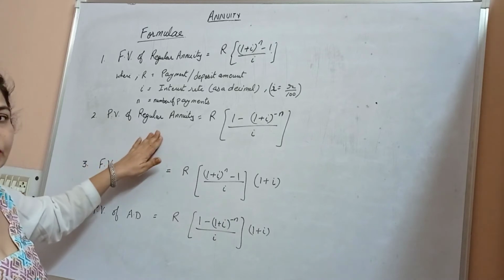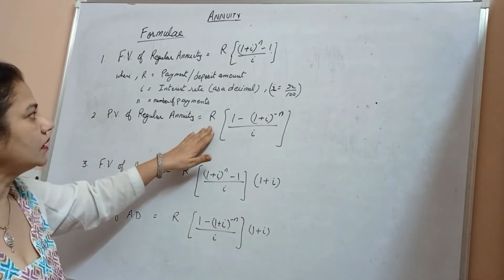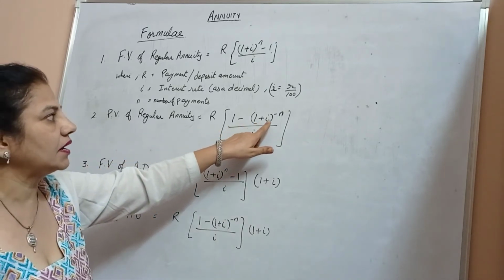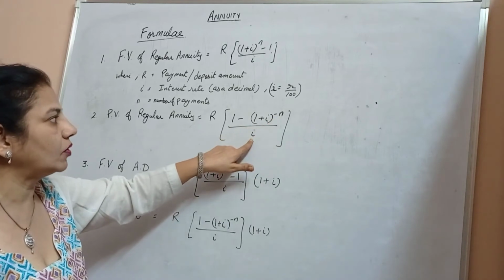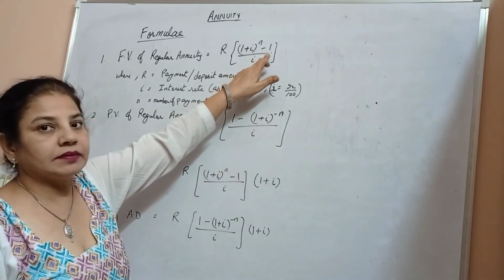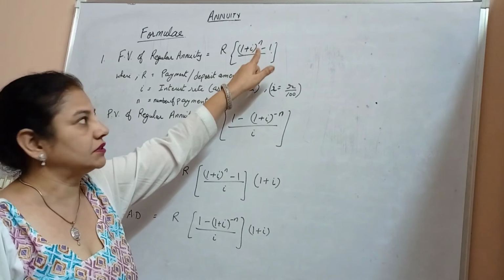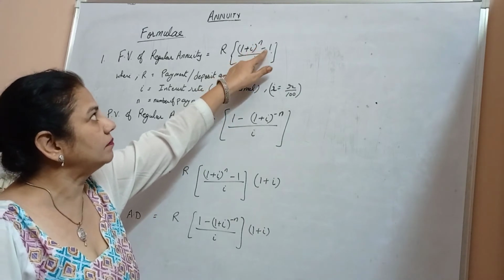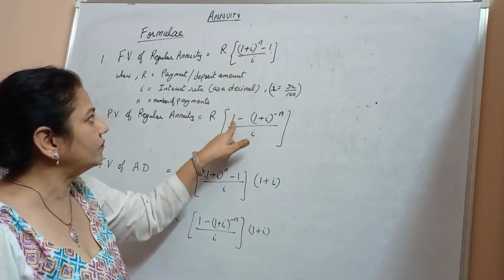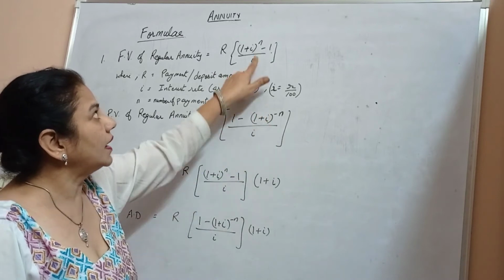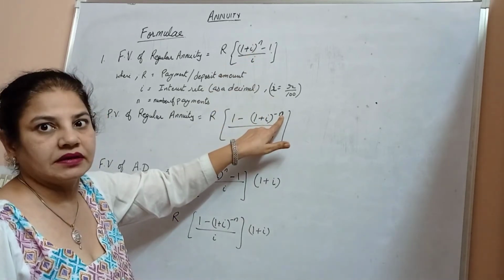Present value of a regular annuity is given as R times 1 minus (1 plus i) to the power minus n, upon i. See, here the place of 1 has changed. Instead of (1 plus i) to the power n minus 1, the 1 has come forward: 1 minus (1 plus i), and positive n becomes minus n, upon i.